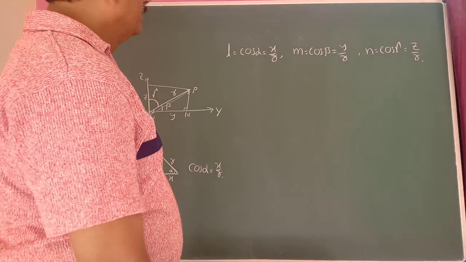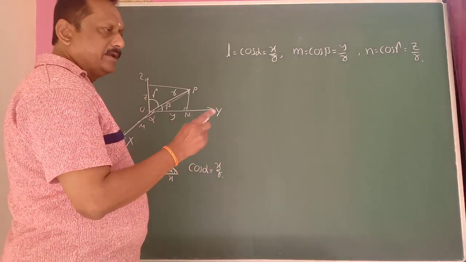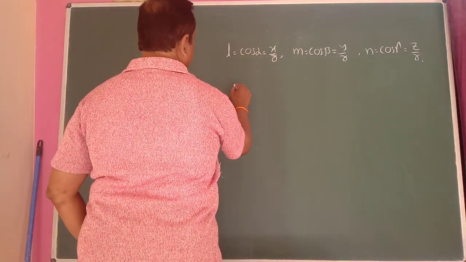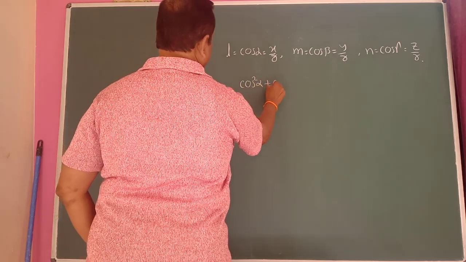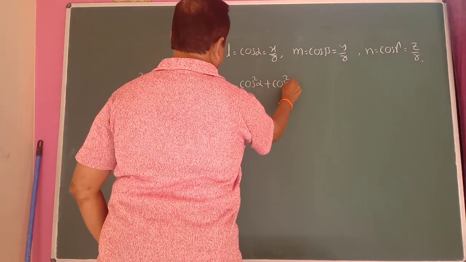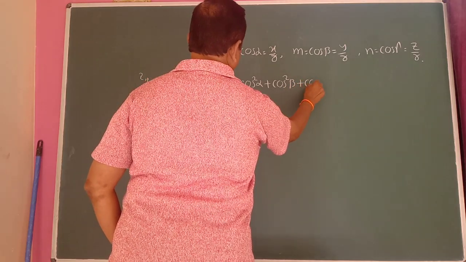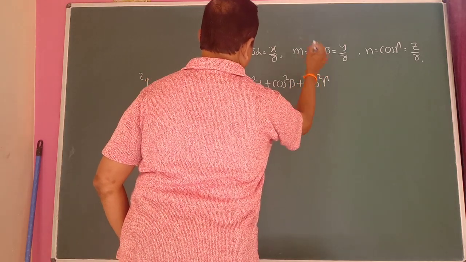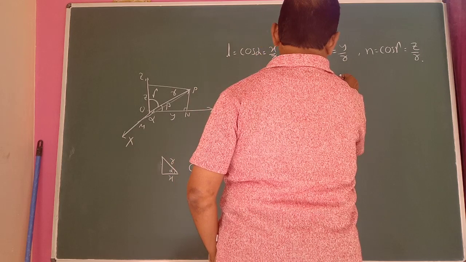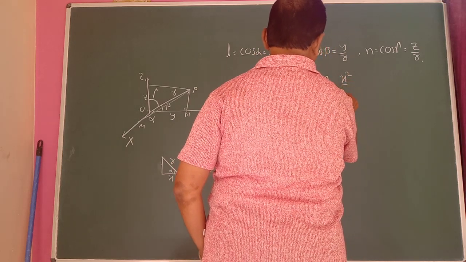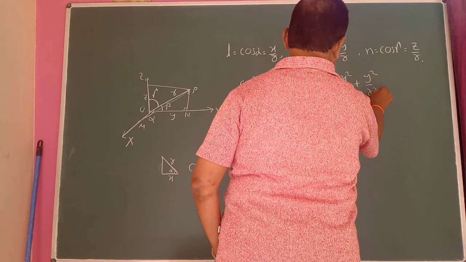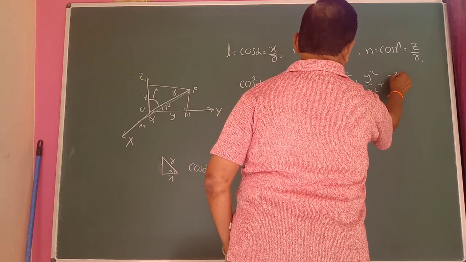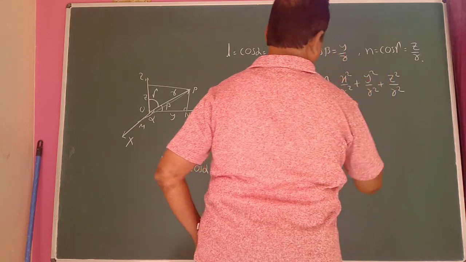Then squaring and adding, cos square alpha plus cos square beta plus cos square gamma is equal to x square divided by r square plus y square divided by r square plus z square divided by r square.